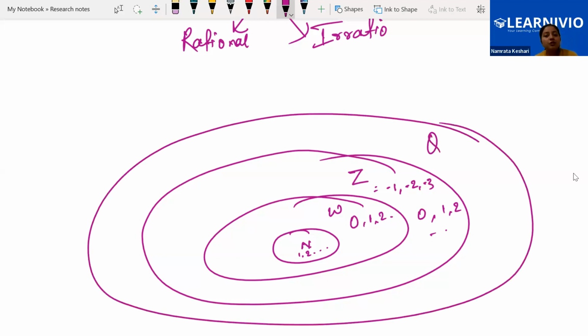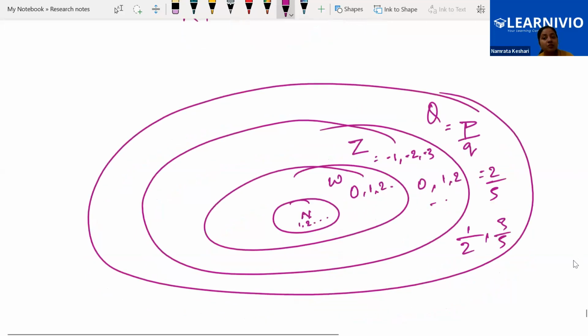We represent it with Q. Rational numbers include integers, all the whole numbers, all the natural numbers, and all the fractional numbers in the form of p by q, maybe 2 by 5, maybe 1 by 2, maybe 3 by 5. This type of decimal number is also a rational number.